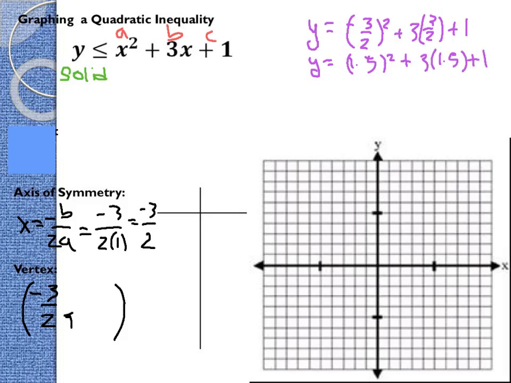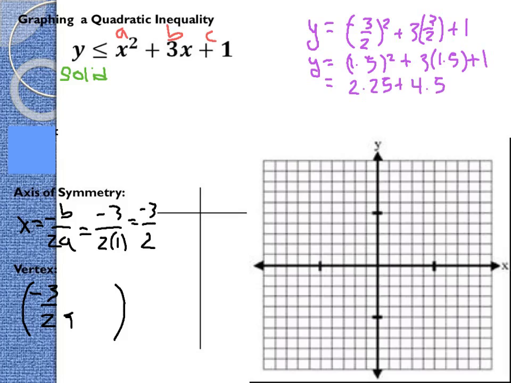And when I do this, I get 1.5 squared. Fortunately, I've already put this into my calculator, and that gives me 2.25. So 2.25 plus 3 times 1.5, which is 4.5.